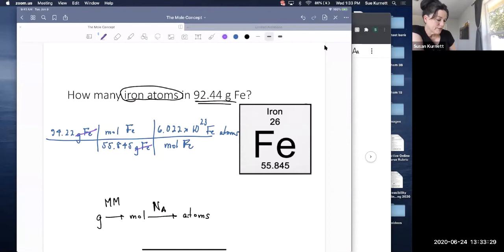My grams cancel, my moles cancel. The thing I'm left with are atoms, which is what I want.